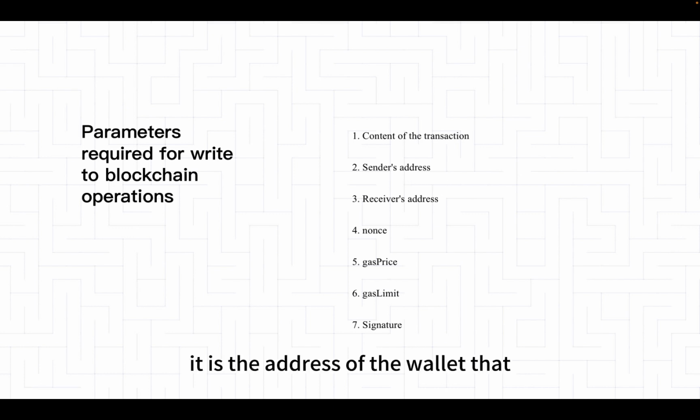It is the address of the wallet that initiated the transaction. Third, receiver's address, which is the destination address to which the data is flowing, which may be null in some cases.